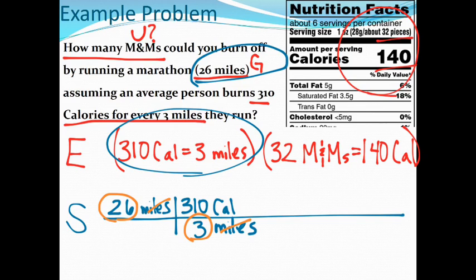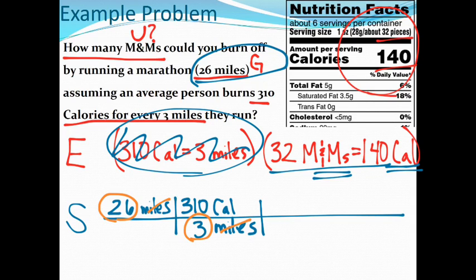Now what I've got is calories. Technically, if I stopped and calculated here, this would tell me how many calories I burn off in my marathon. But that's not what I want. I want M&Ms, so I'm going to have to keep going. We already used this equation, so this is the equation I'll use, because it is going to help me get rid of these calories and get my M&Ms.